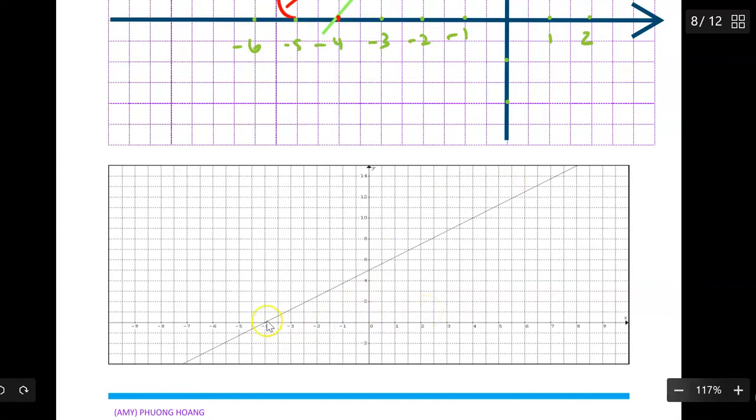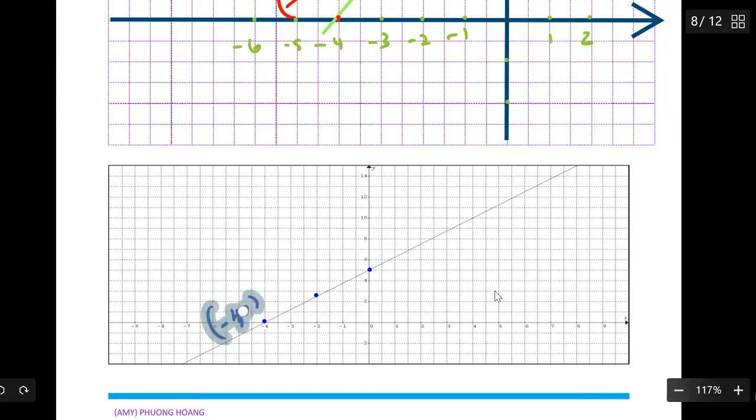Okay, so this is my -4 and 0. So this one is, let's see, I have 0 and 5, which is up here. And the point that we have is -2, and here is 2.5. See that? So this is my -4 and 0.